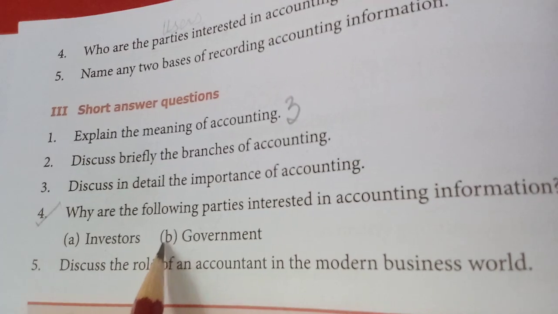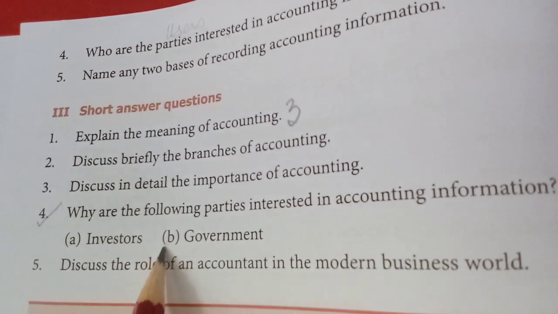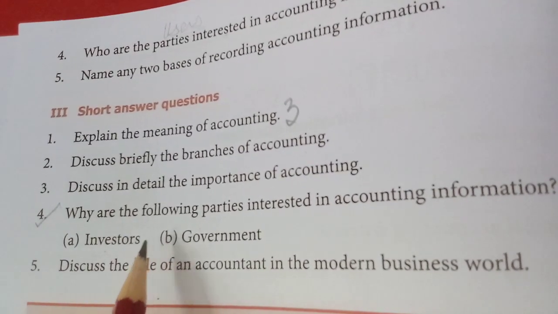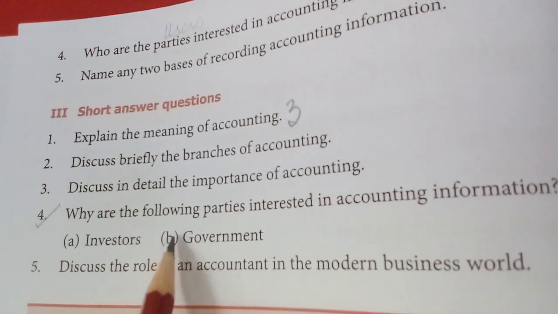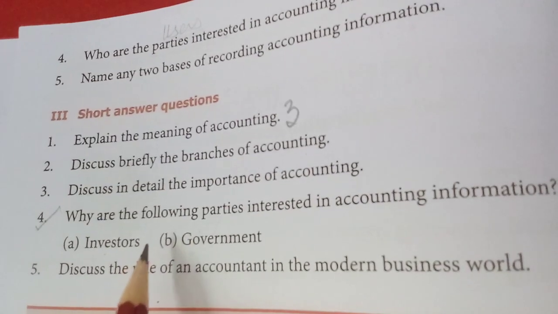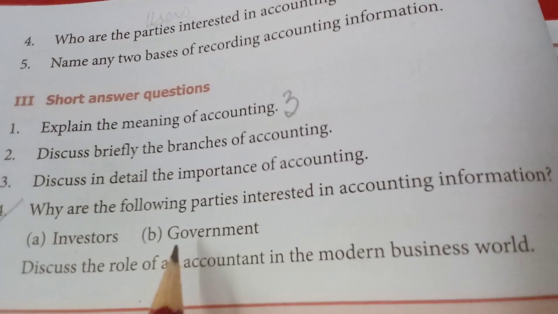Understand? If it is a 10-mark question, 2 marks will be from inside the book. So you learn all the headings that are given: who are the internal users, who are the external users, what is under investors, then creditors, everything. Keep understanding, keep learning.